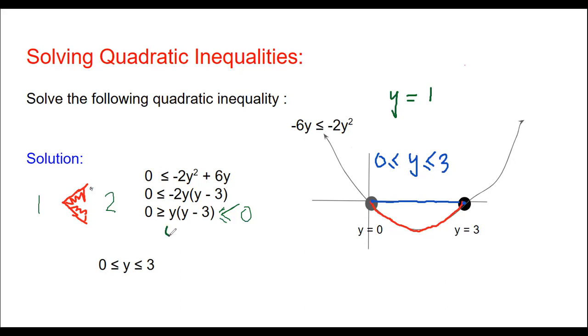So you have y being 1 times 1 minus 3. 1 minus 3 is going to give us a minus 2, because minus 2 times 1 is minus 2, which is less than 0.